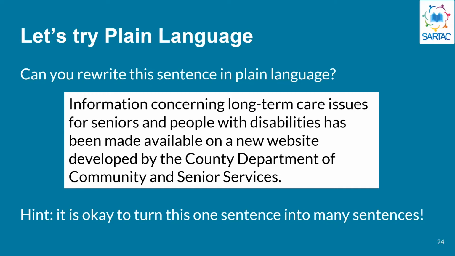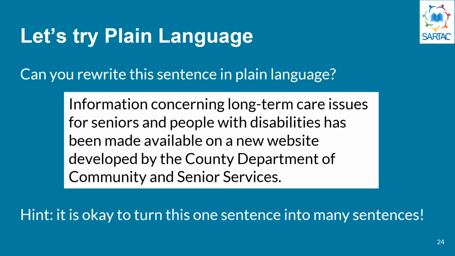Okay, so we're going to do what was just shown, all of us as a group, to see how it's done in real time. Let's take this sentence, which is written in a very inaccessible way, and rewrite it in plain language.